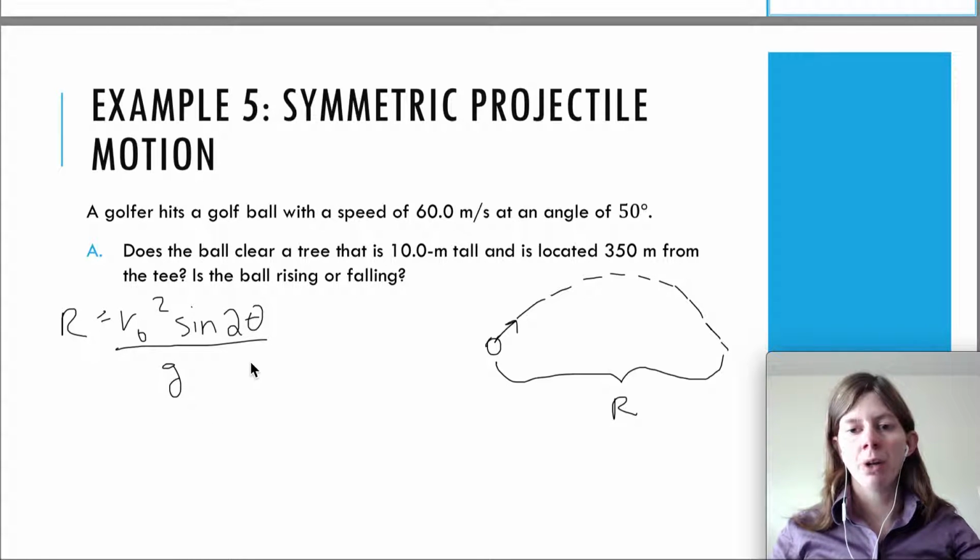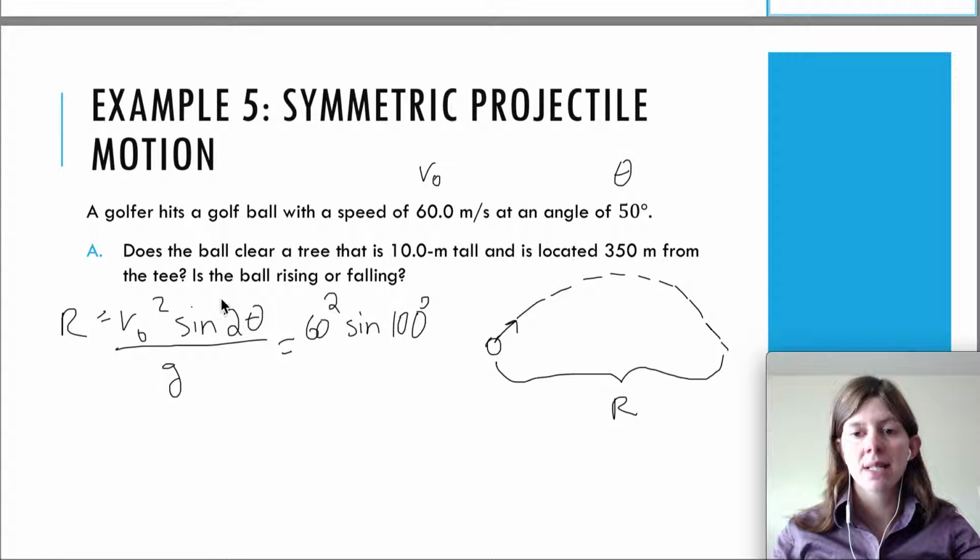Let's plug in our numbers in here. So 60 meters per second is our initial speed, and then theta is 50 here. So we're going to plug in 60 squared times sine of 100 degrees, because 2 times theta is in the sine function, over g, which is a positive 9.8.